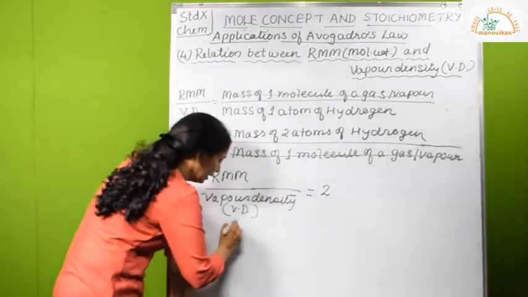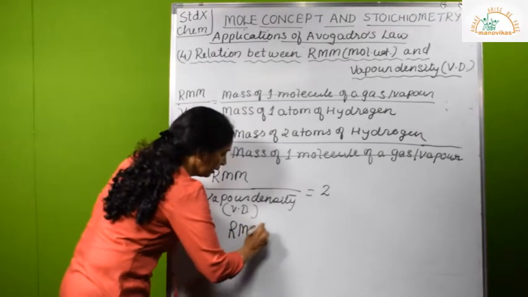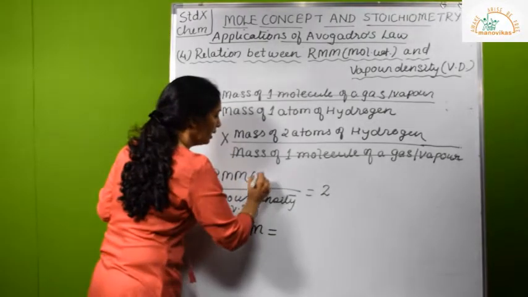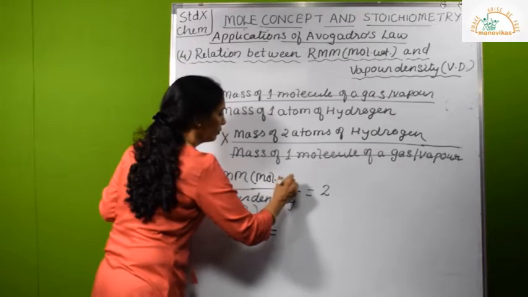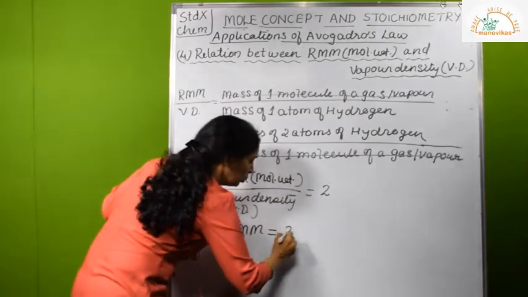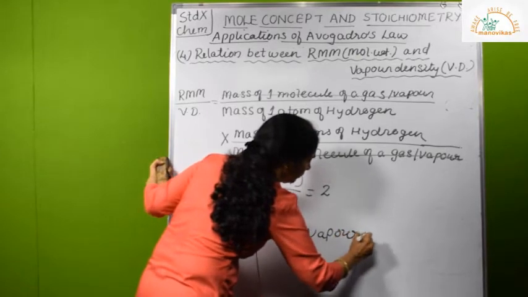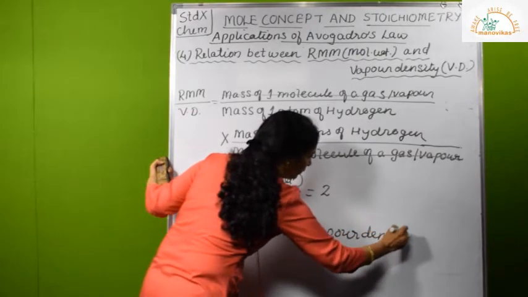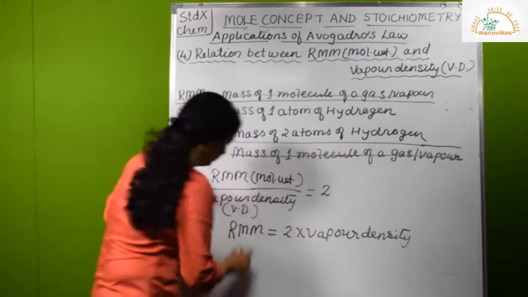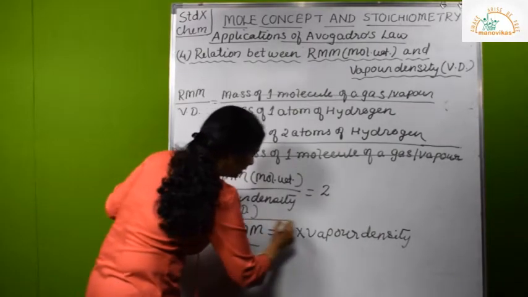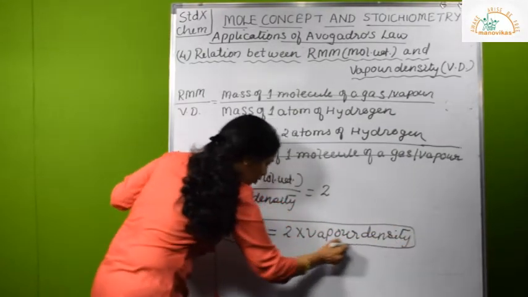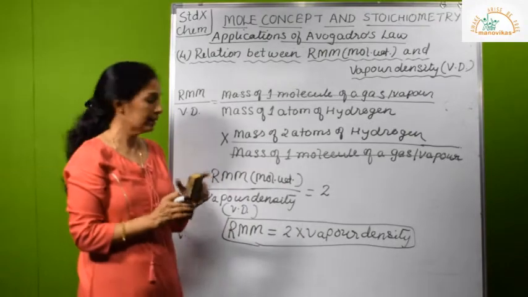So relative molecular mass, or this is also called as molecular weight, is equal to 2 into vapor density. This is the relation between relative molecular mass and vapor density.